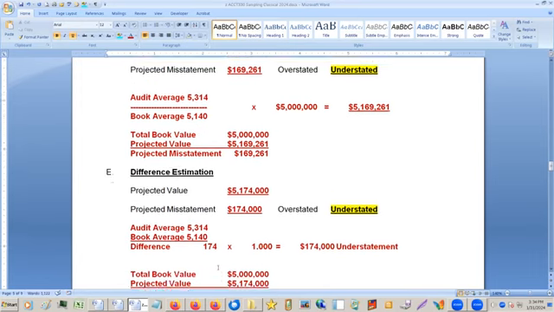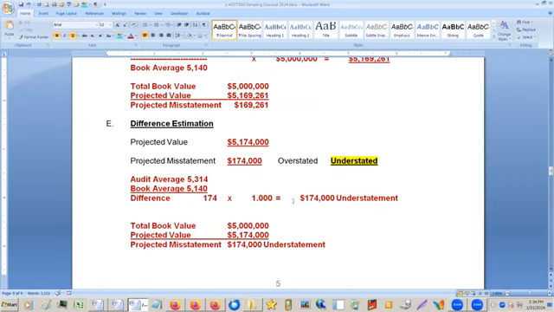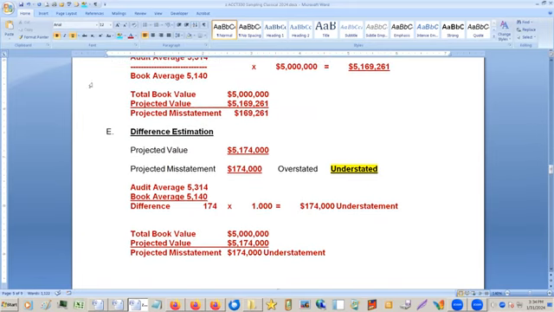Okay. Difference estimation is probably the most difficult one just because it starts out with the misstatement first. So it gives you the misstatement first. And again, if the audit average is higher than the book average, this is going to be an understatement.